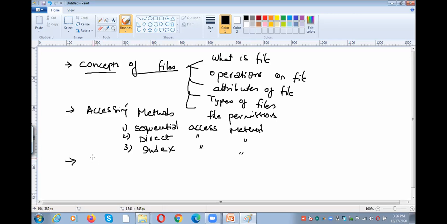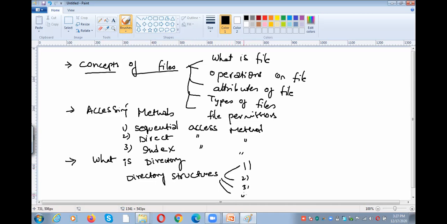And then you need to talk about what is a directory. Next, directory structures. So there are a total of 4 directory structures. The first one is the single level directory structure.